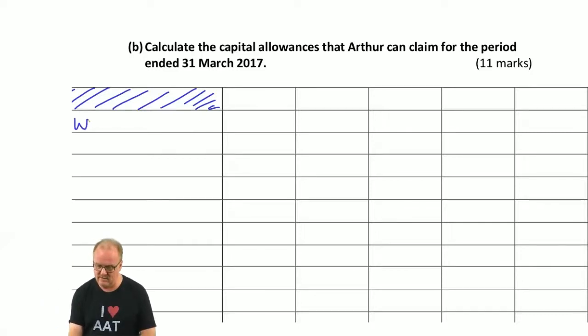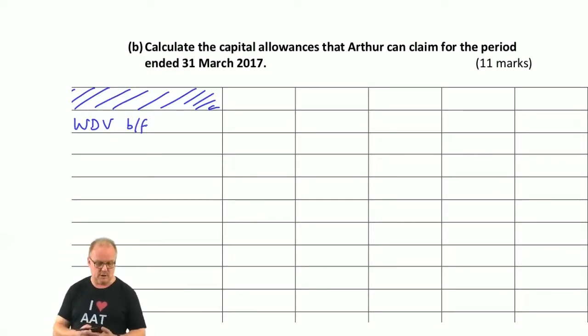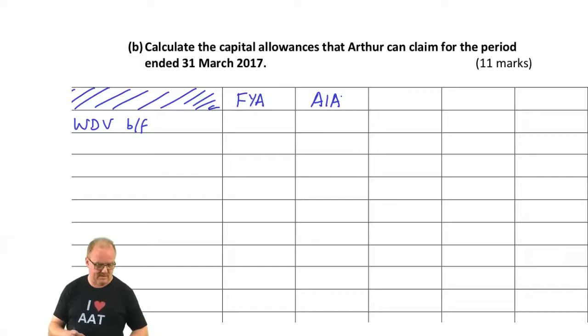And in here we write written down value brought forward. And then we need some columns. Now, I like to have first year assets, your annual one as well, your AIA from Part A of the question.